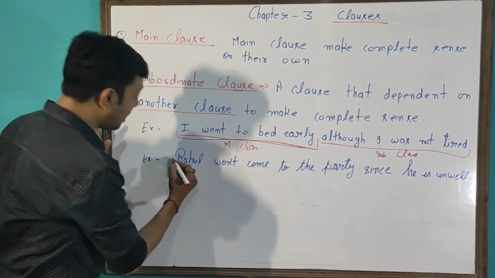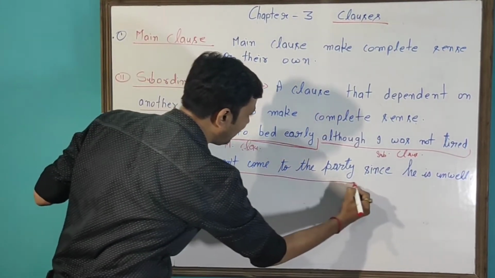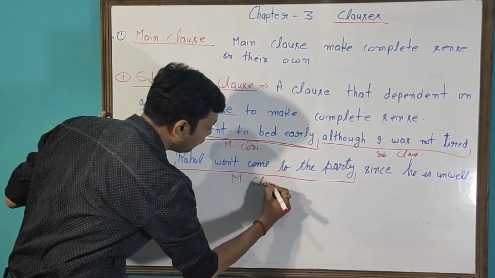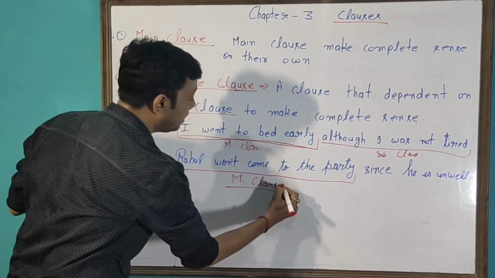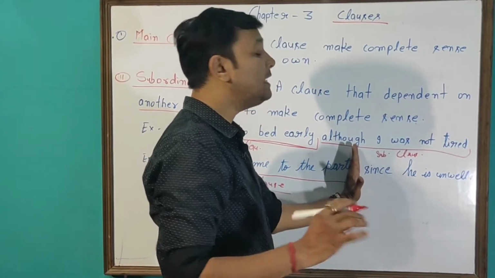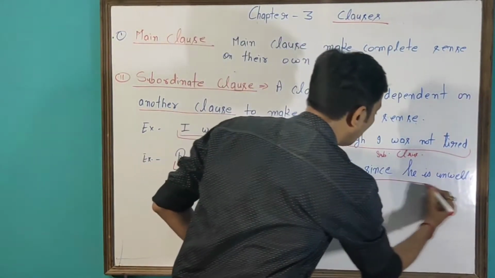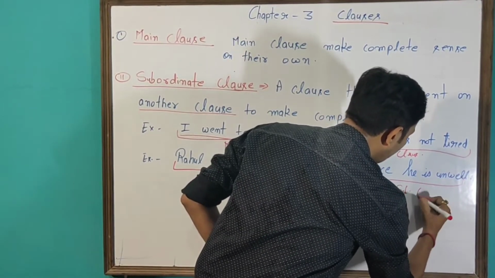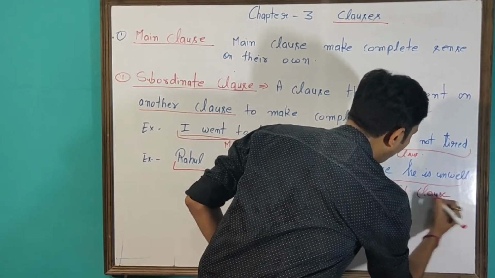Second example, Rahul won't come to the party. Main clause, because this group of words makes sense on its own. Since he is unwell. This group of words is known as a subordinate clause.